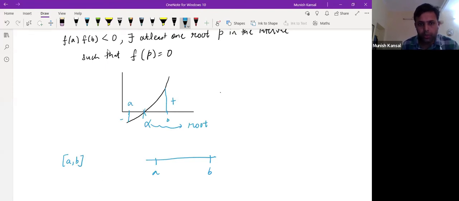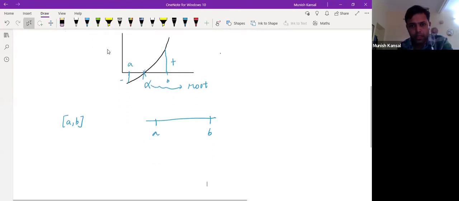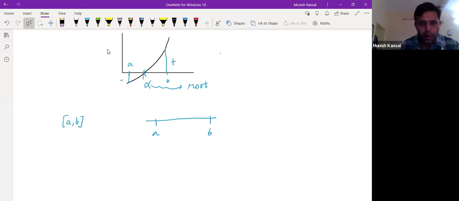So we are going to discuss here the first numerical method, that is the bisection method. What is the idea of the bisection method? It is very simple and straightforward. Once you start with the initial interval, the bisection method says that you bisect the interval into two halves. Let me write down the midpoint as c. Here c is (a plus b) by 2.